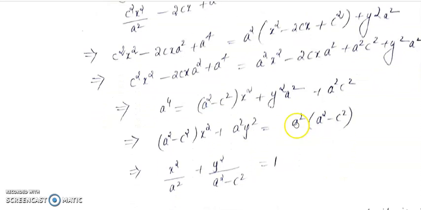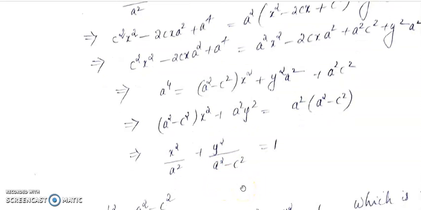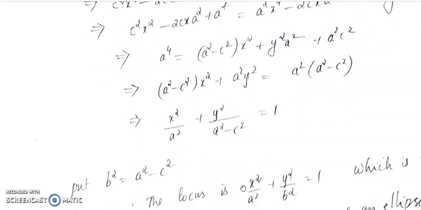So divide throughout by a square into (a square minus c square). That will give you the equation in the form x square by a square plus y square by (a square minus c square) equal to 1. Now you can replace a square minus c square by b square.